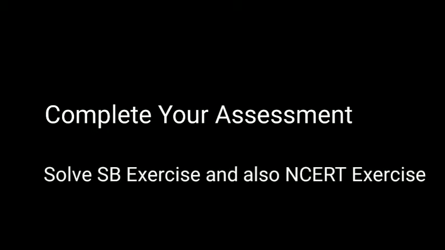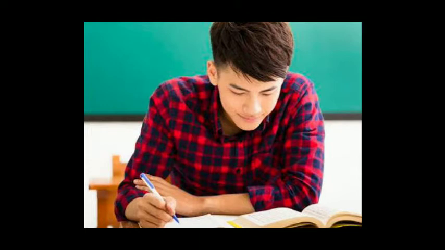Those things are very important to complete a topic, because without practicing and solving questions, a topic is incomplete. So it is a must to solve all the questions and the exercises given in the NCERT book and the lead book also.